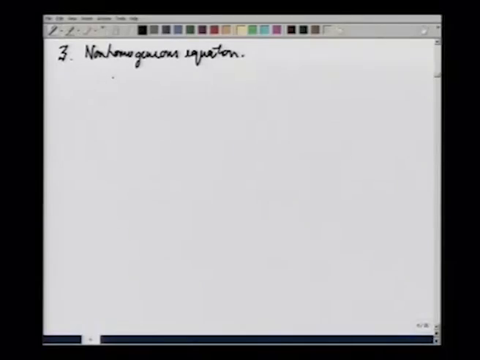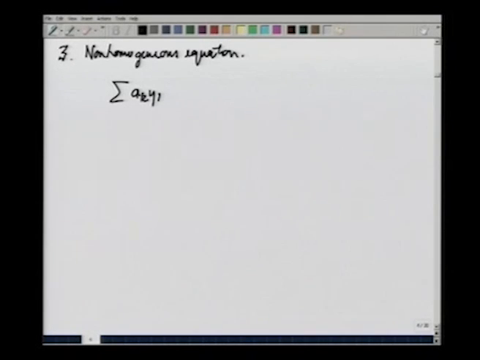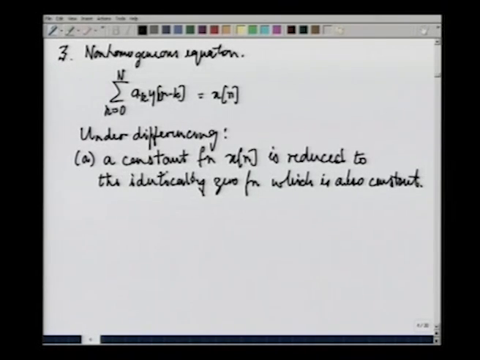So, the non-homogeneous equation is of the form the sum of a k y n minus k, k going from 0 to n, equals x n. Well, under differencing, a constant function x n is reduced to the identically 0 function, which you can just call 0 of n if you like, which is just the sequence 0 0 0 0, which is also a constant function.